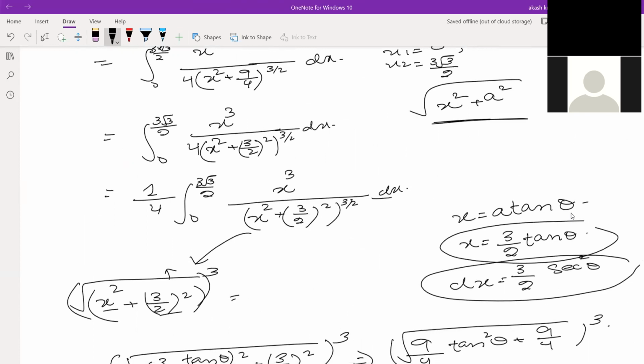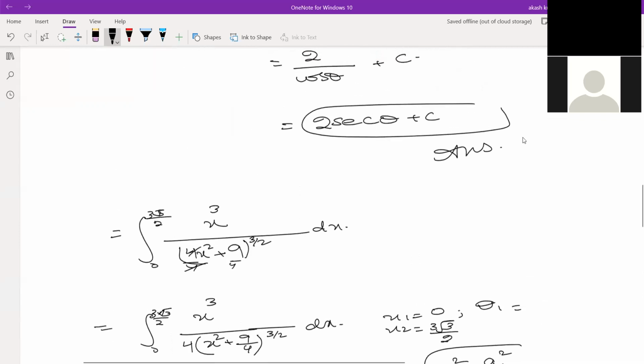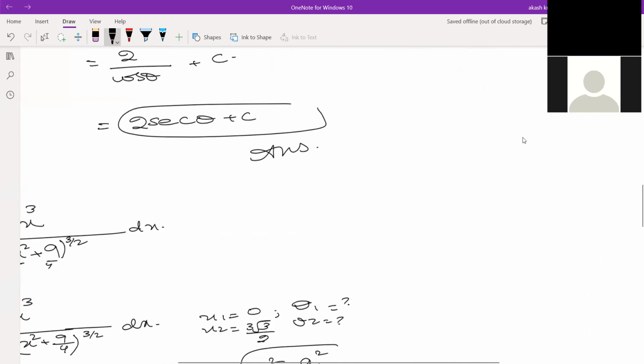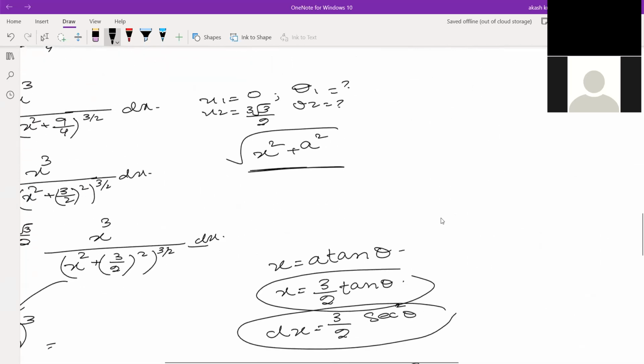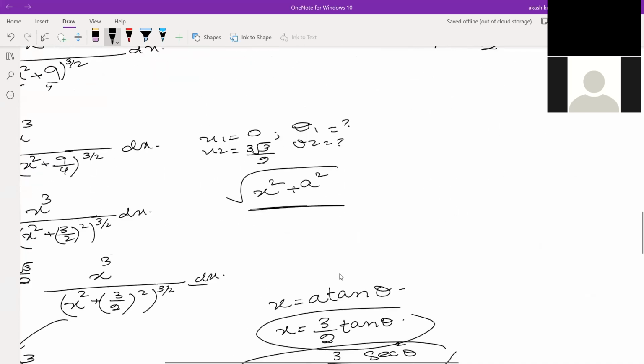So we need theta 1, and because x equals a tan theta, I know what x is. For finding theta 1 and theta 2, I know x equals 3 by 2 tan theta, because that's what I assumed.